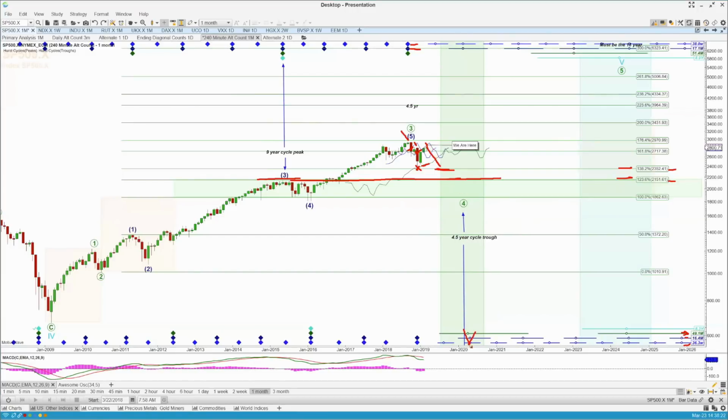The epicenter of the troughs, if you will, is here, and that's not until March, April next year. And the only way I can see that is if we get that WXYZ pattern. I would actually expect to see this come in.